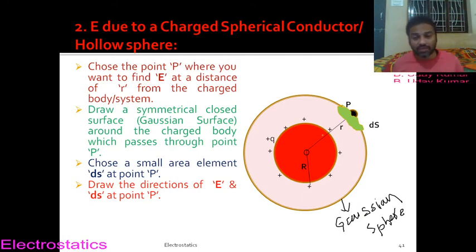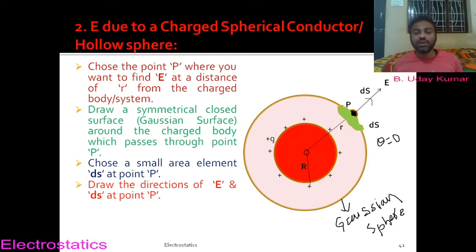As we have already discussed, at point P the directions of E and dS will be the same, outward. So these are the directions of E and dS at point P. That means here theta becomes 0. I hope it is clear.